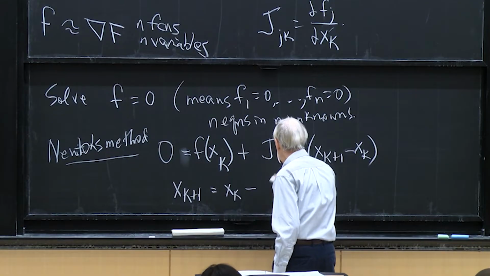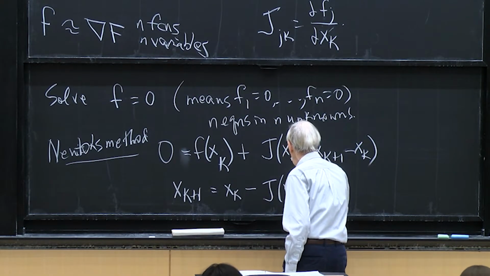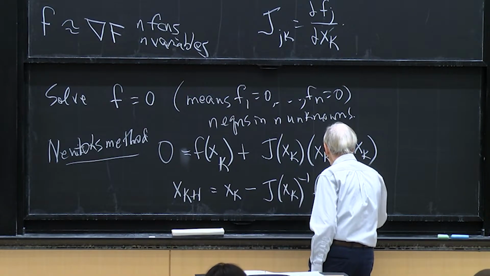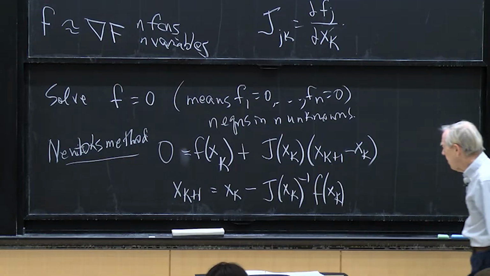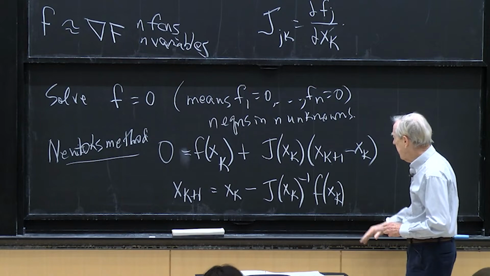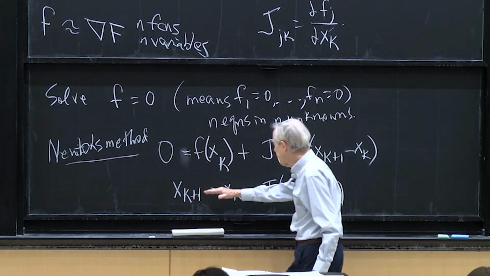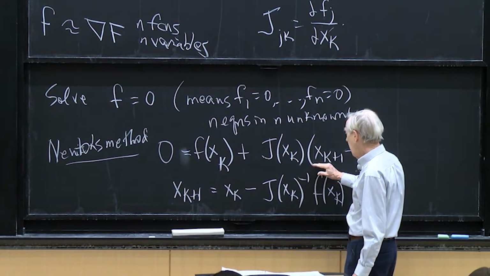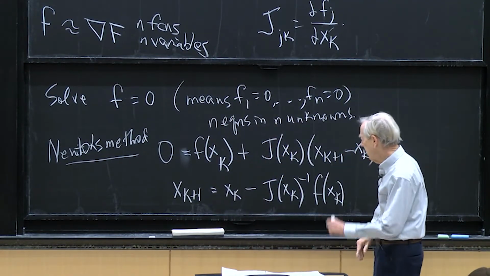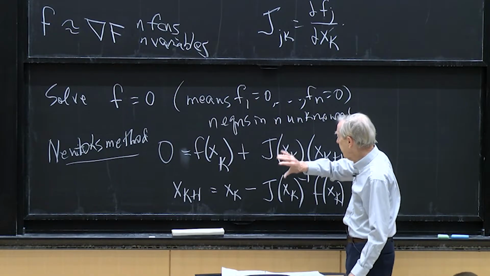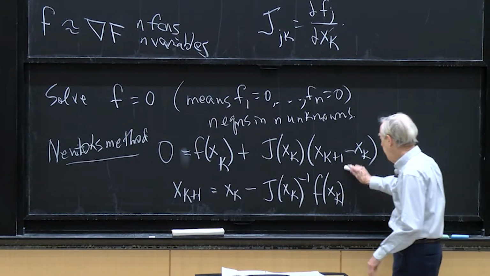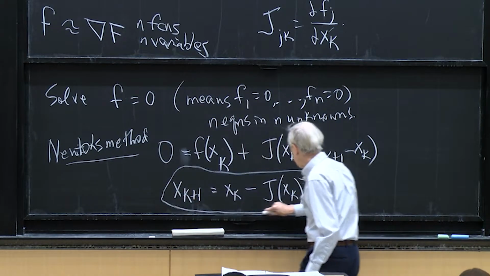So that'll go with a minus. This guy will be inverted, and f at xk. So that's Newton's method. Natural. Let me just repeat that. You see where the xk plus 1 minus xk is sitting, right? And I moved f of xk to the other side with a minus sign. And then I multiplied through by J inverse. So that's Newton's method for a system of equations.